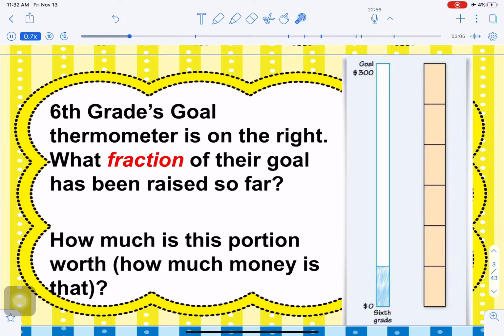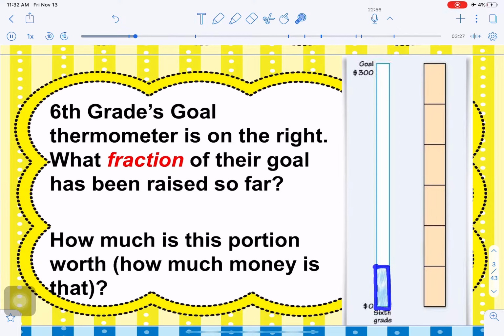Okay, so we're back. Alright, so for the first question, once again it said, what is the fraction of their goal that has been raised so far? I am going to look at a few parts of information here. I know that this is the portion that they have completed. This very first, like I said, that very first bar.